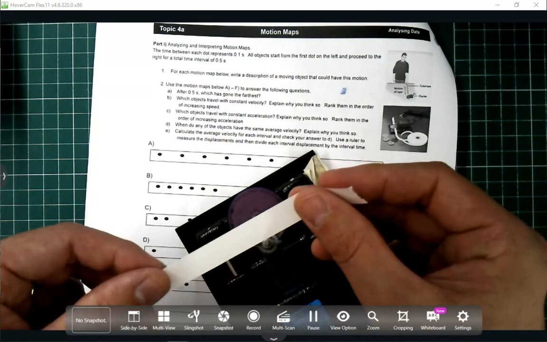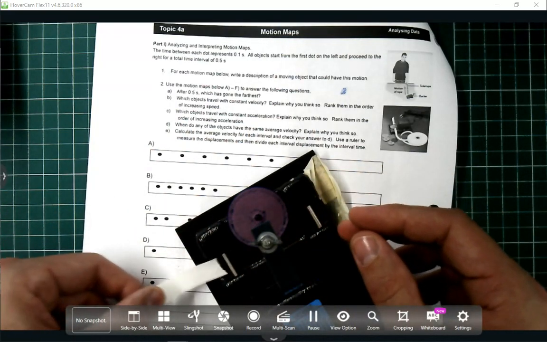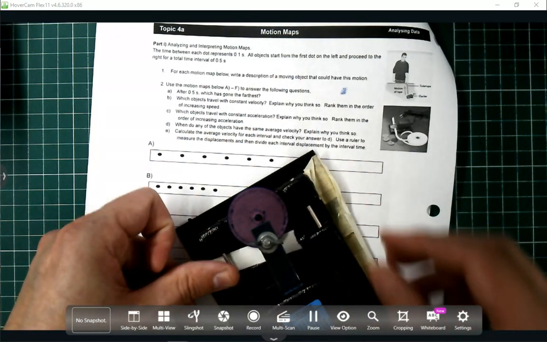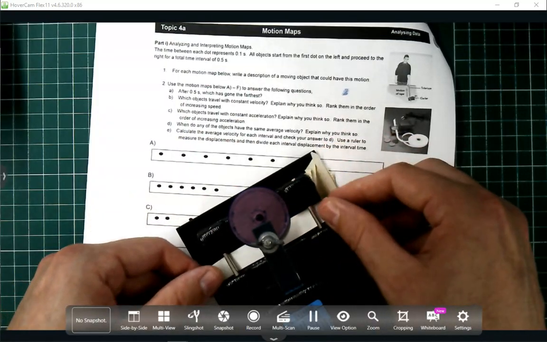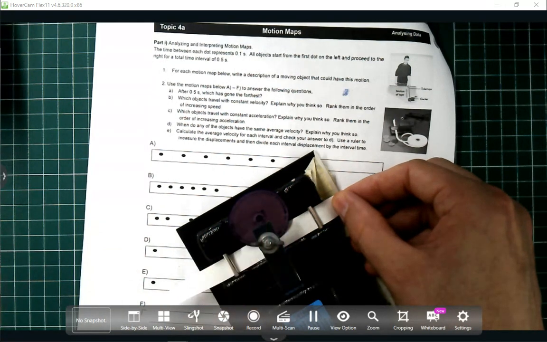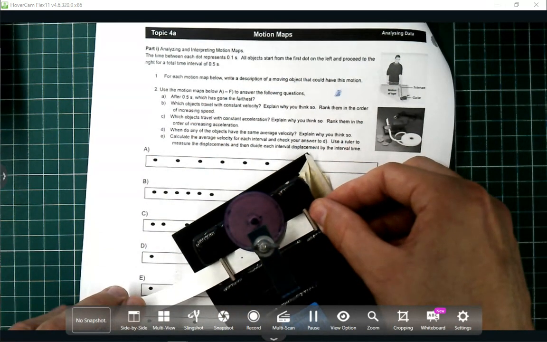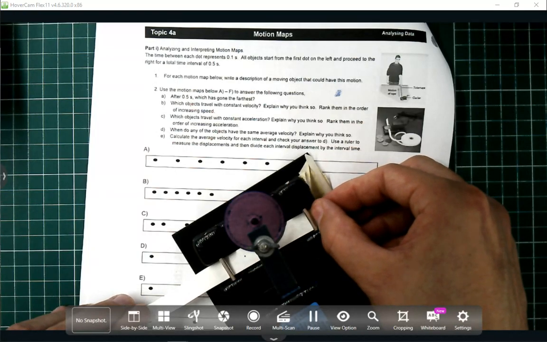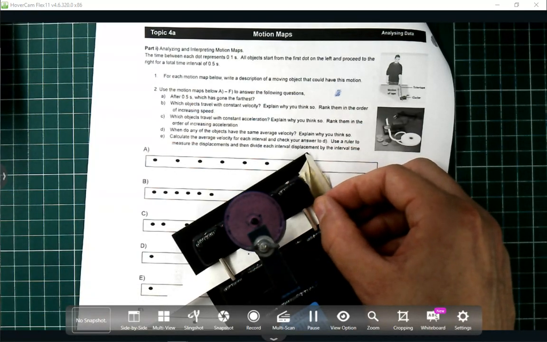Can you imagine this kind of strip going through this device? There's a little bit of a trough there, you can see. It goes in one side, goes out the other side, and if I by hand make the hammer come down, can you see there's a dot being formed there? That dot gets formed as the hammer comes down and transfers carbon to the paper.